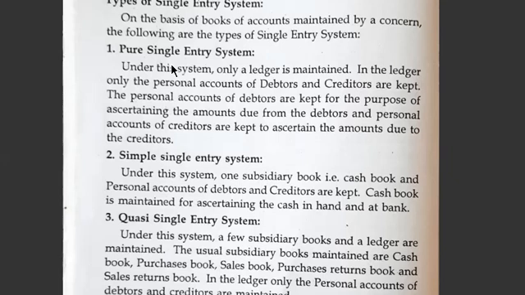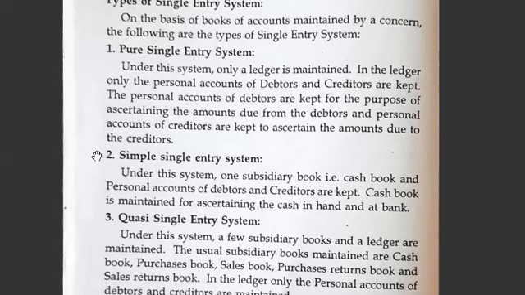Like, it does not maintain a cash book. Suppose cash is received from the debtors, it is entered in the debtors book, but whether it is entered in the cash book, no. So that is pure single entry system. Only the personal accounts are recorded and not the subsidiary books.